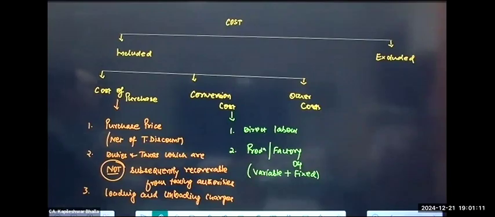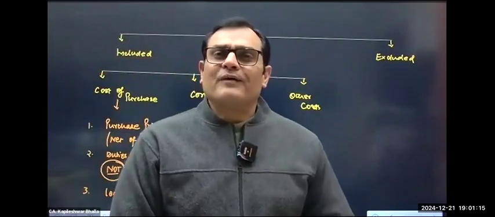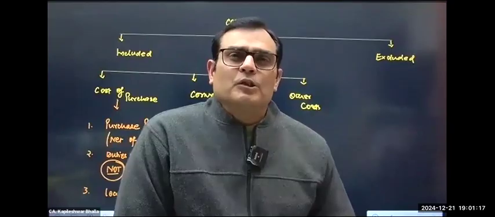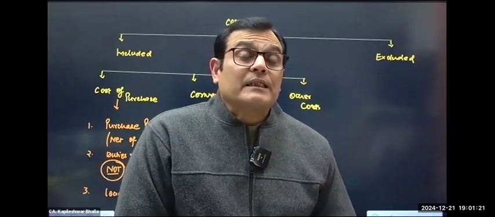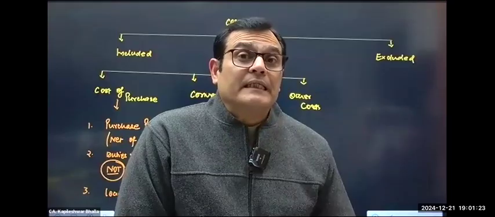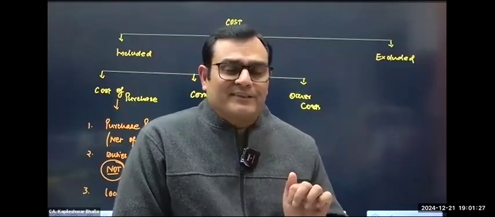Let me ask you a question. When you consider your factory overheads, you need a recovery rate, right? You need to basically translate your factory overheads on a recovery rate. Can you remind me, how do you calculate a recovery rate?